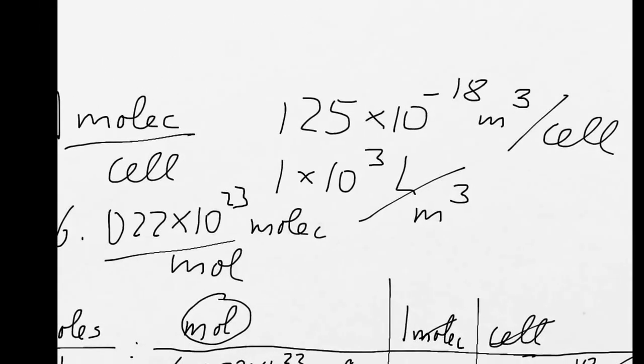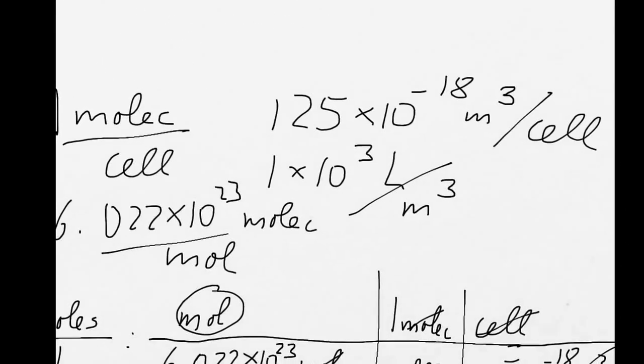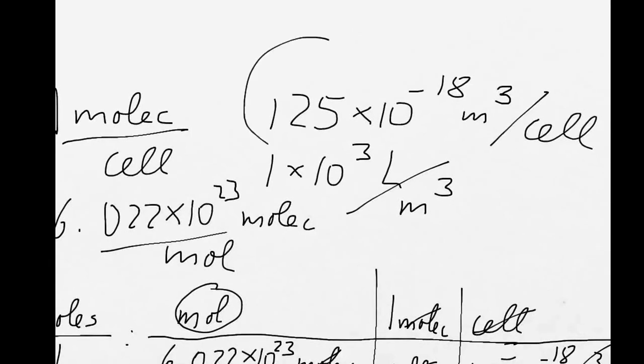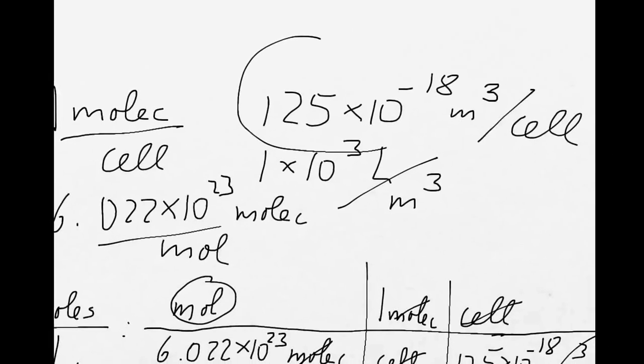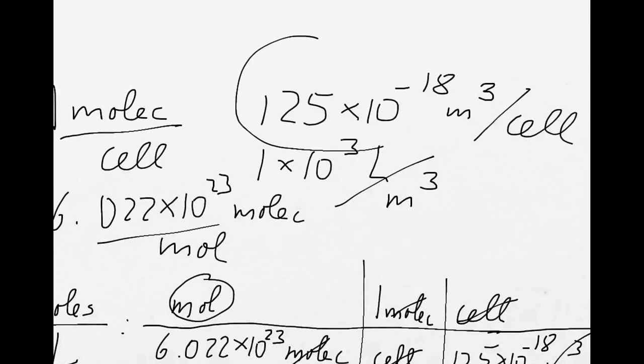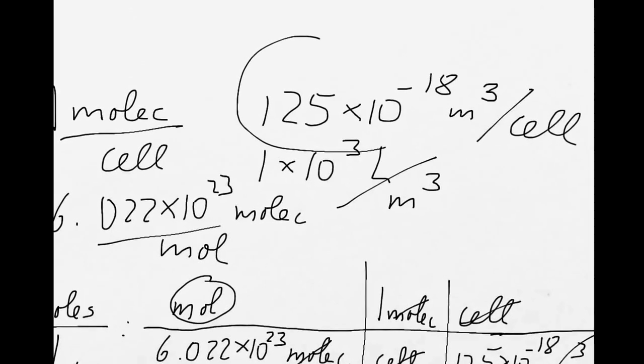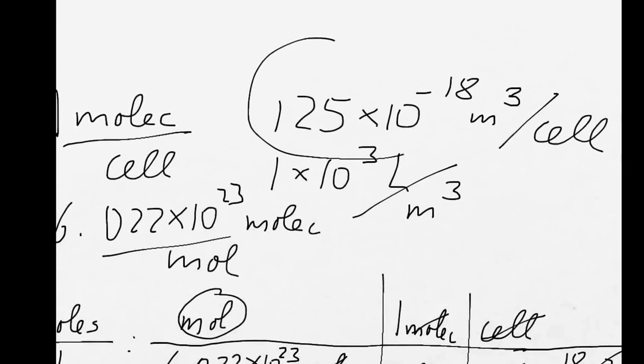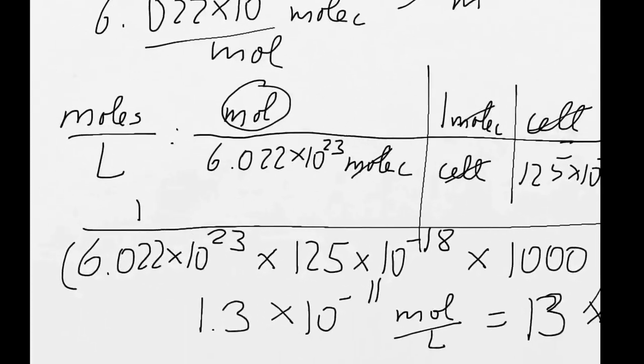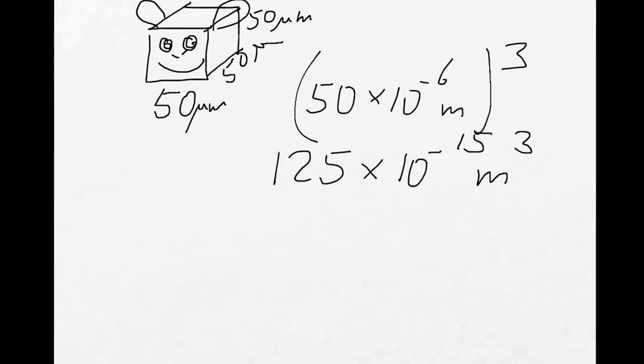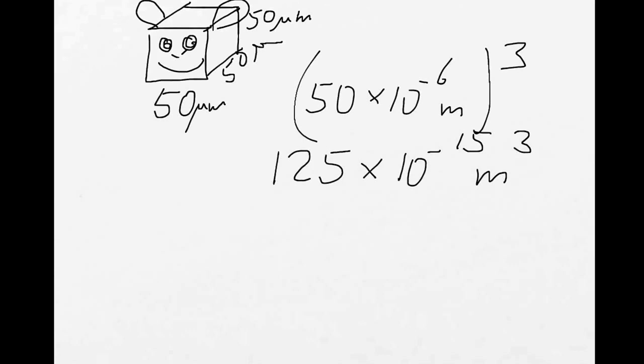So this is the only difference between the pro and the eukaryotic cell. The prokaryotic cell had 10 to the minus 18. The eukaryotic cell had 10 to the minus 15. Yeah? So can we now calculate the concentration for the eukaryotic cell.